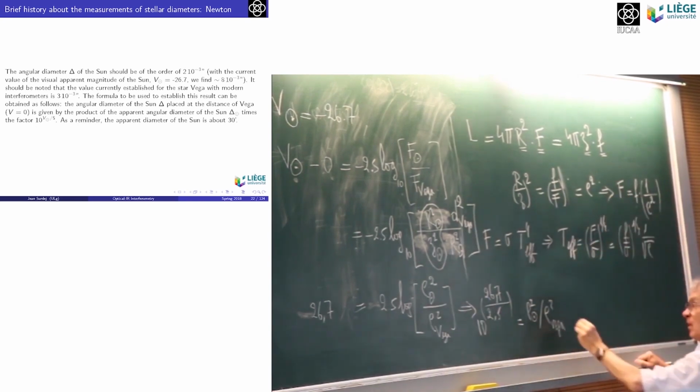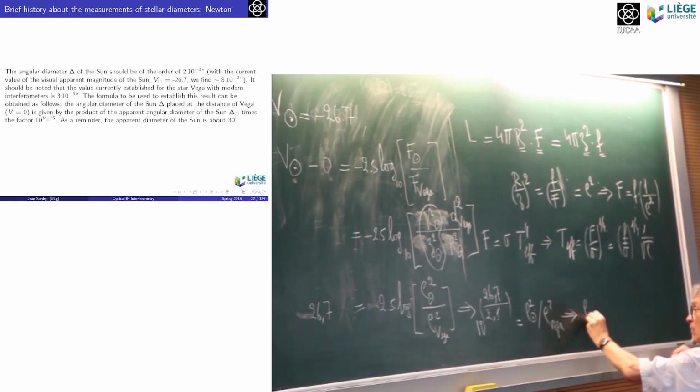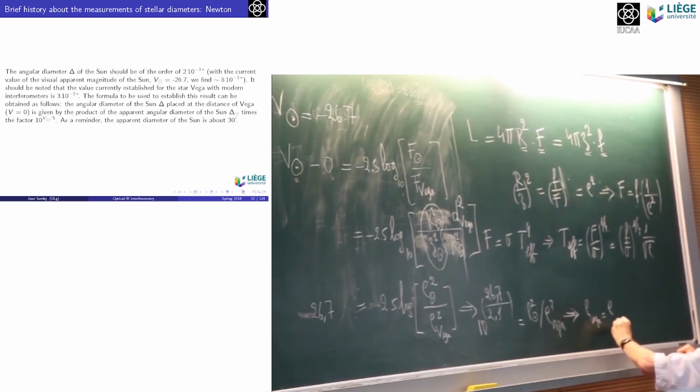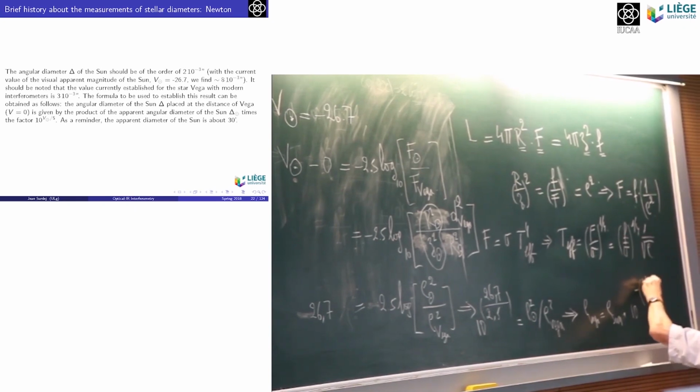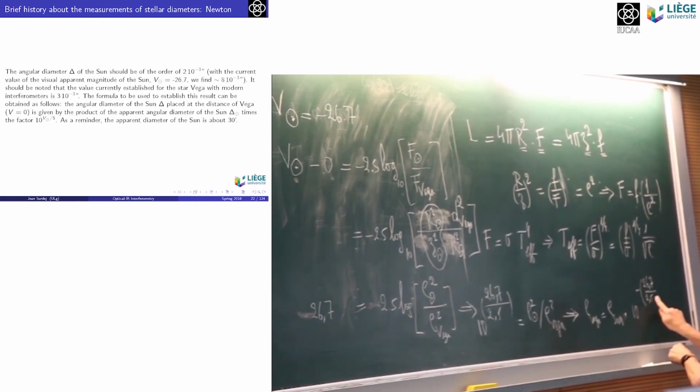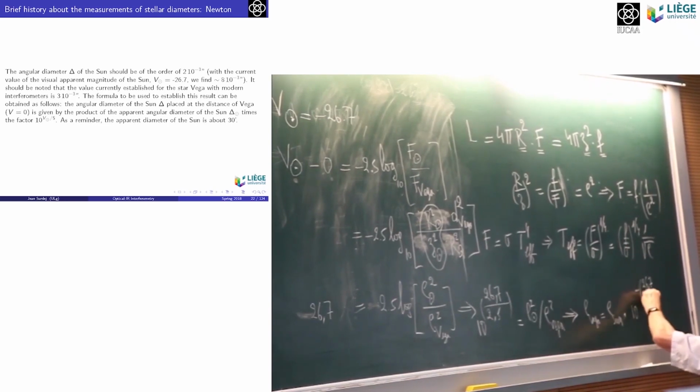And finally, we find that the angular radius of Vega is equal to the angular radius of the sun times 10 to the minus 26.7 divided by 2.5, and then I should still take a square root, so divided by 5, like that, okay?